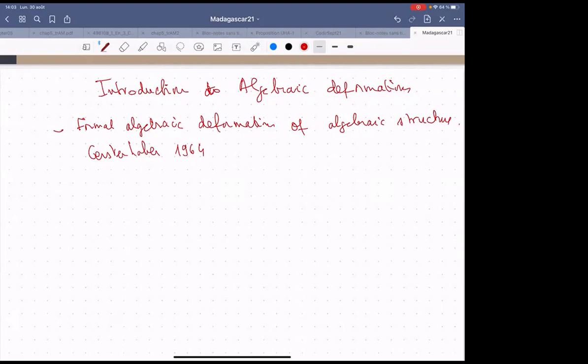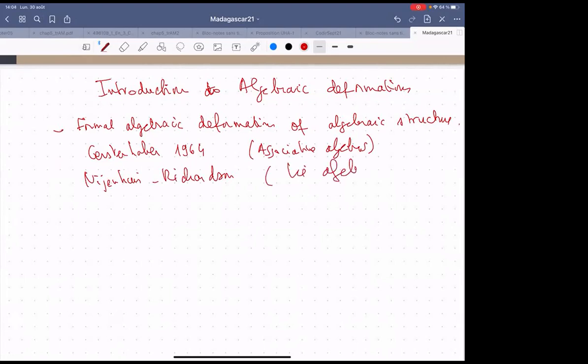Then this type of deformation was extended to Lie algebra by Nijenhuis and Richardson.